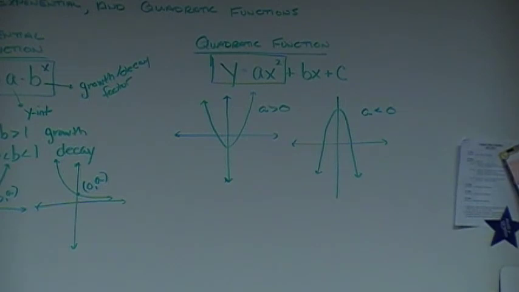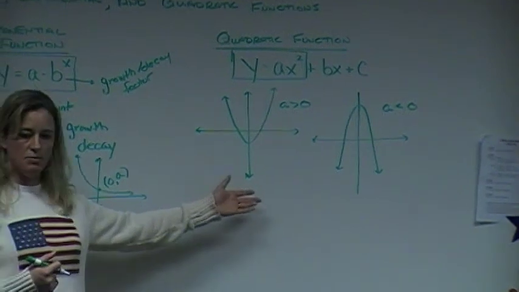Now, what we're going to start off with in your homework tonight, and what we're going to start off with in terms of talking, is, what if I just gave you a set of ordered pairs and said, plot these points and tell me what type of function it is? Could we do that? If you plotted a graph and it came up to be a curve, what type of function would you tell me it was? Exponential, right. If you plotted points and came up with a parabola, what type of function would you tell me it was?